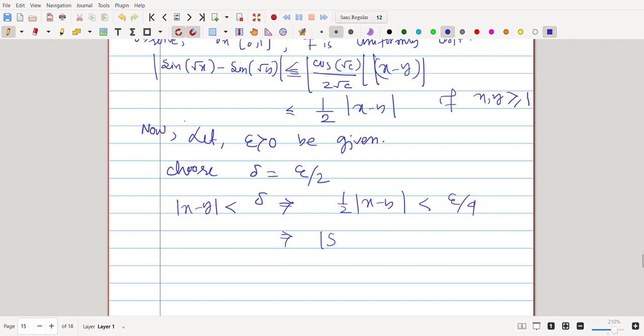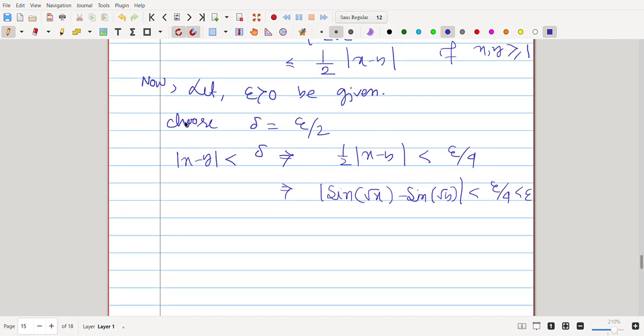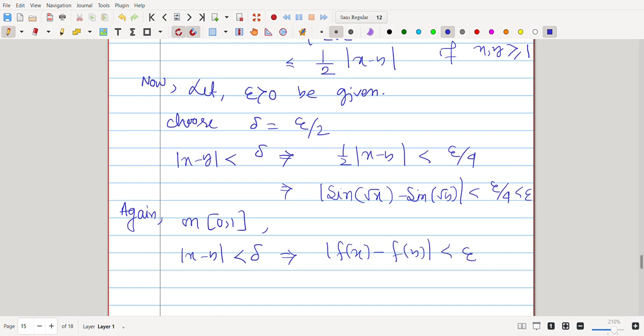That will imply that |sin root x minus sin root y| is less than epsilon by 4, which is less than epsilon, right? And again, on 0 1, delta implies |f(x) minus f(y)| less than epsilon.